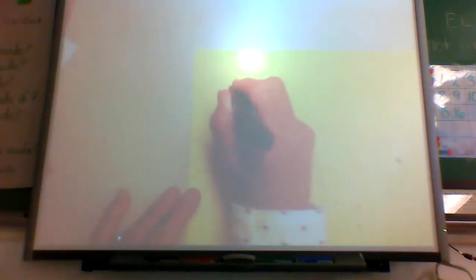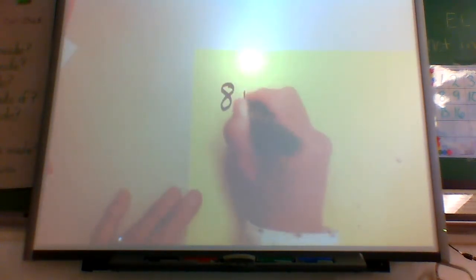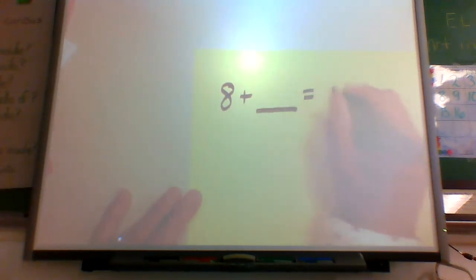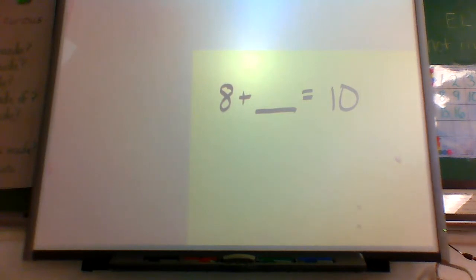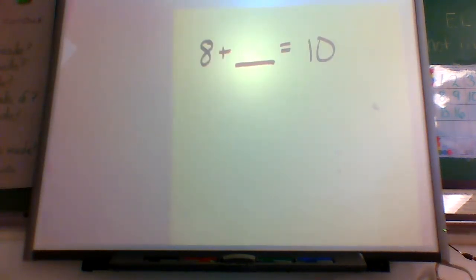Remember, we had the 10 frame cards. Okay, so let's start simple. I'm going to show you 8, and I want to know what do I need to add to 8 to get 10? Okay? Think about that for just a second. What do I need to add to 8 to get 10?